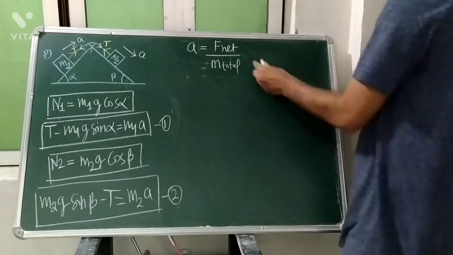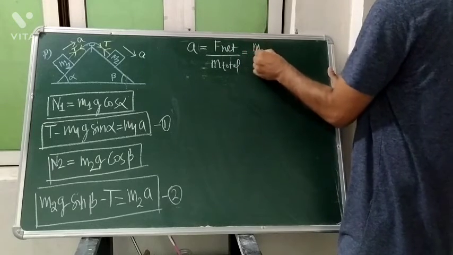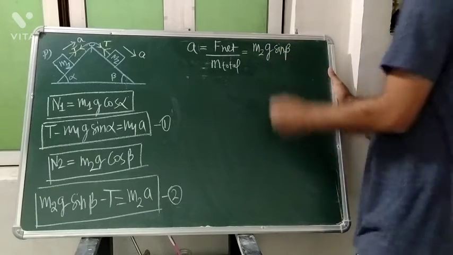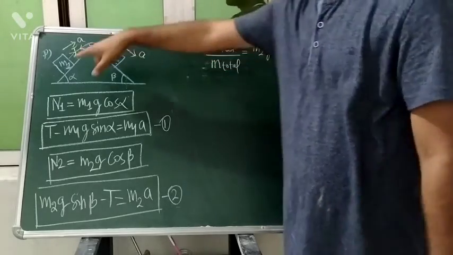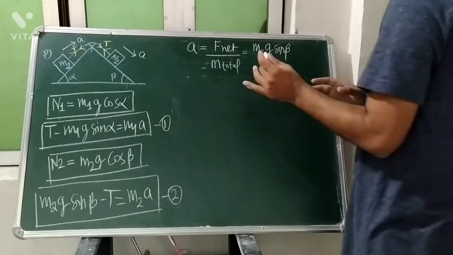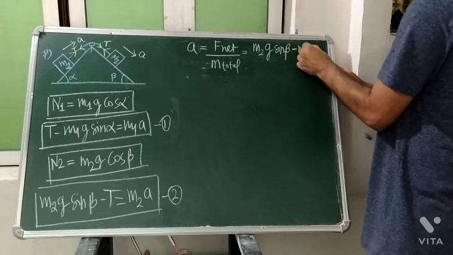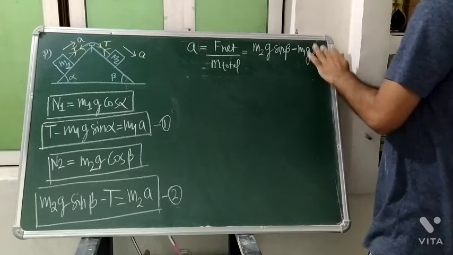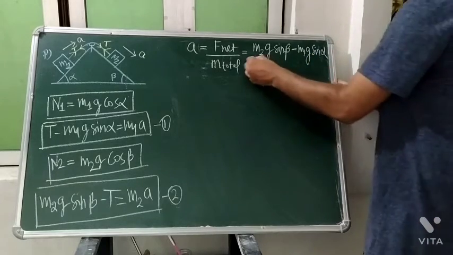So the force which is adding to the acceleration is what, student? M2G sin beta only. Here it is supporting it, and M1G sin alpha is decreasing the acceleration, so minus M1G sin alpha, divided by total mass.